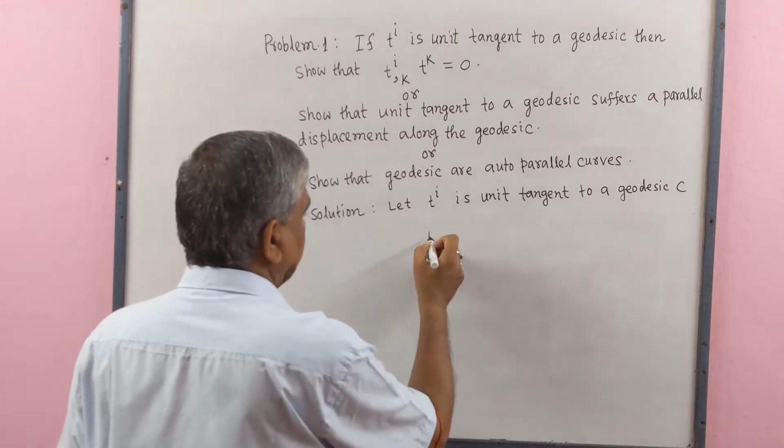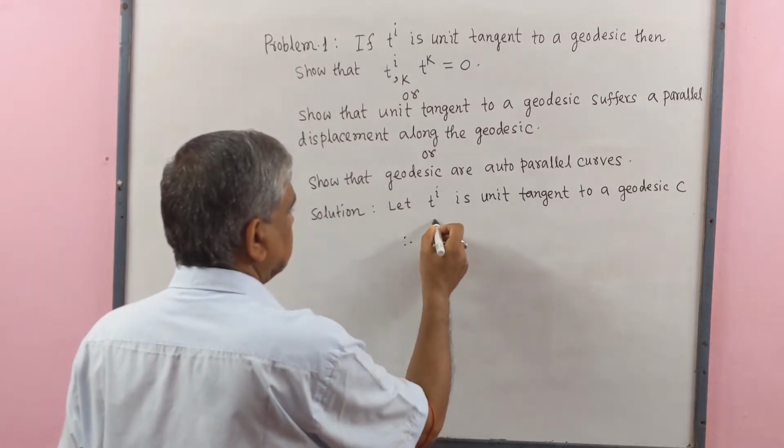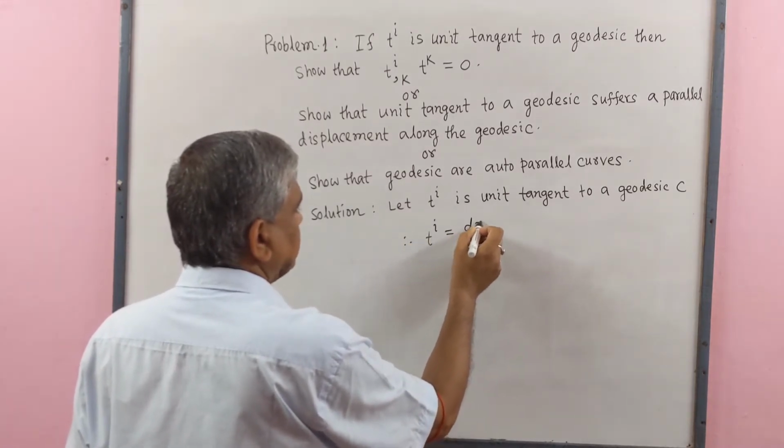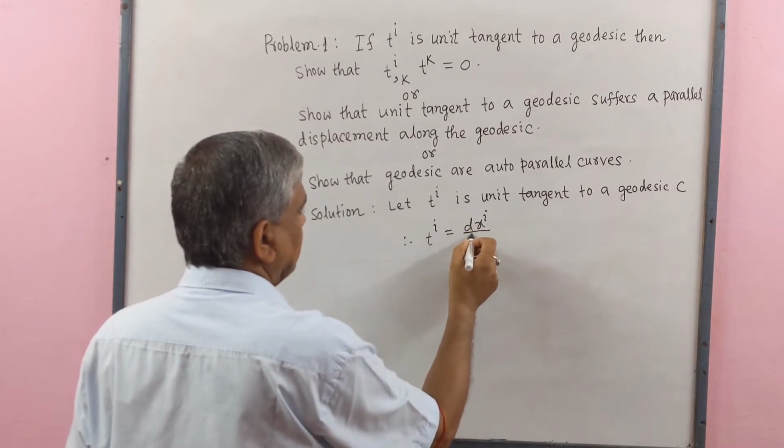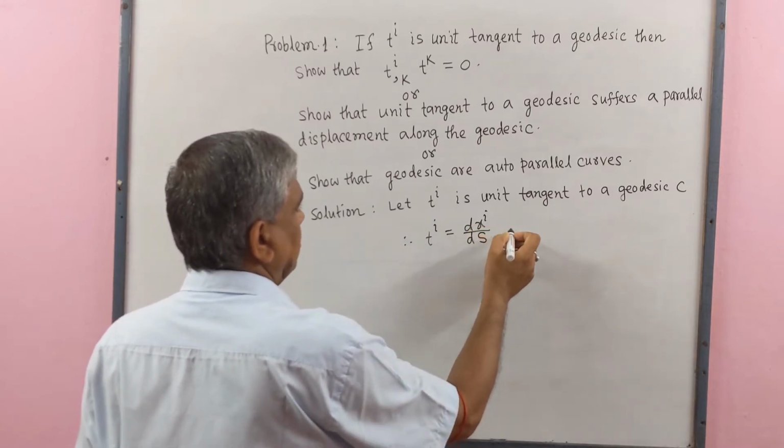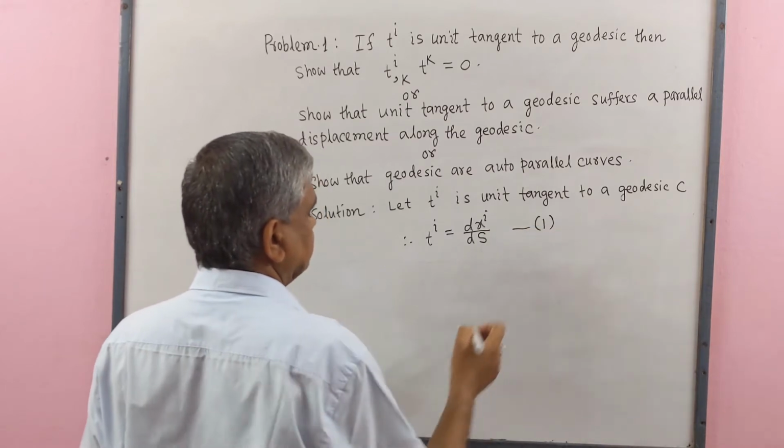Therefore, Ti equals dxi by ds. This is number 1.